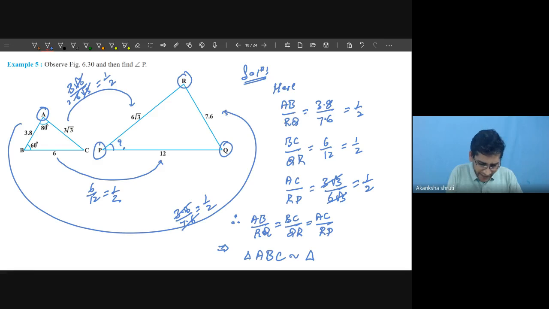So AB by RQ, it simply means either A is corresponding to R or A is corresponding to Q. So the possibility of A matching with P is ruled out. So A with P, you first rule out this. Okay. Then now, whether this A is corresponding to R or Q, still there are two possibilities.